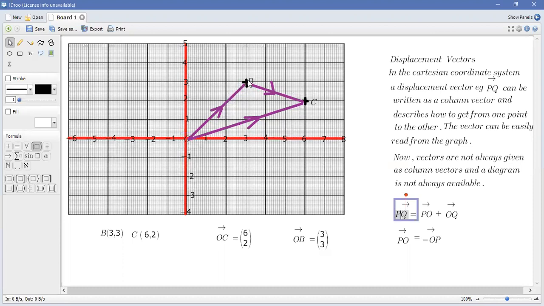Using the graph, you come from B to C. What's the vector from B to C? You're supposed to know it because we've been doing it from morning. Talk to me now, ladies.